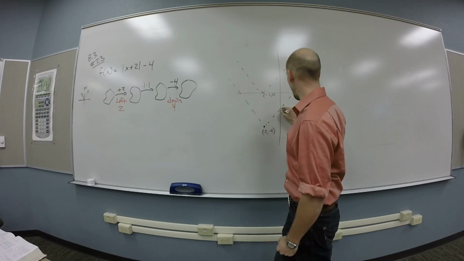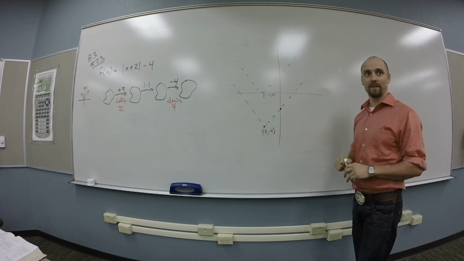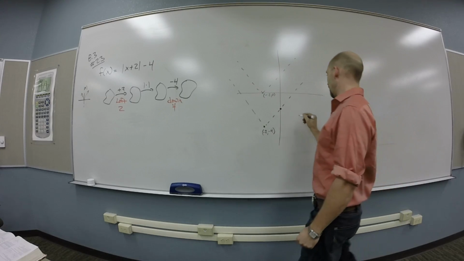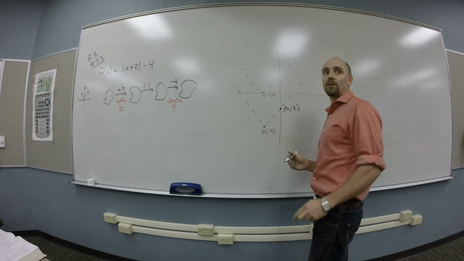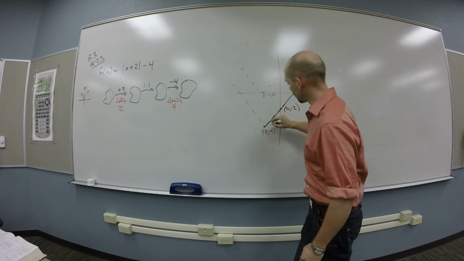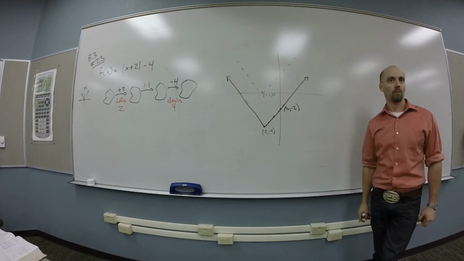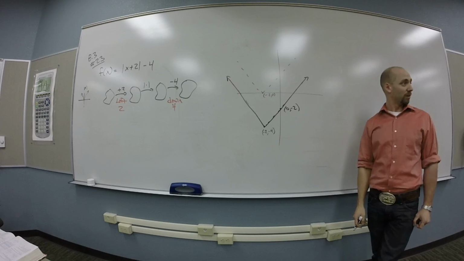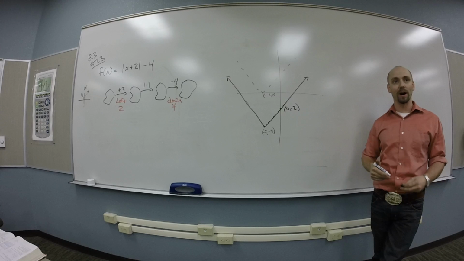Okay, where's the y-intercept? About 0, -2. Yeah, that's at y is -2. The reason I know that is this line has slope 1, because that's the line y equals x shifted around a bit.